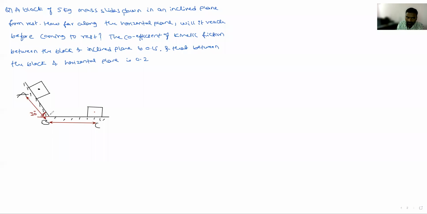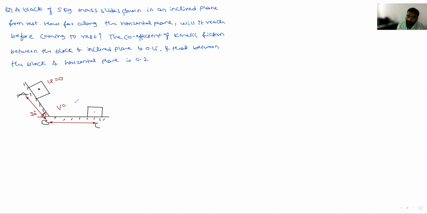After coming to point B, is it at rest at B, or is it still in motion? From A it started. When it comes to B, it reaches the horizontal plane, but its motion is not zero; it has some energy. So here the initial velocity is 0. You have to find the final velocity at this point.